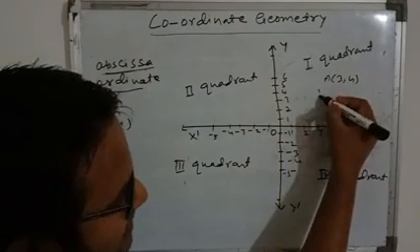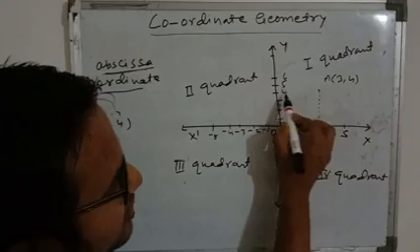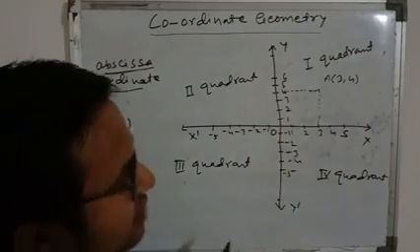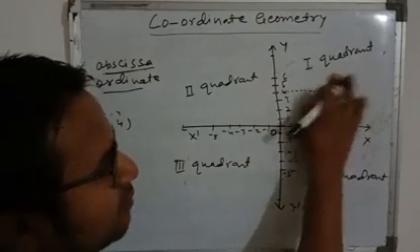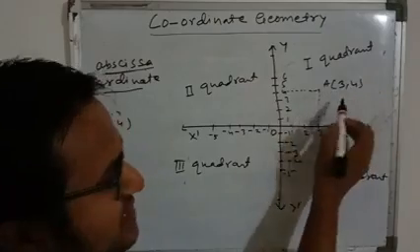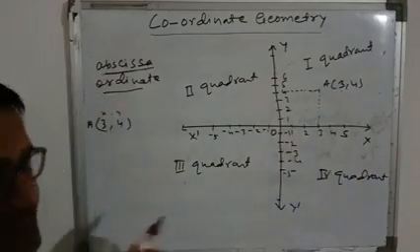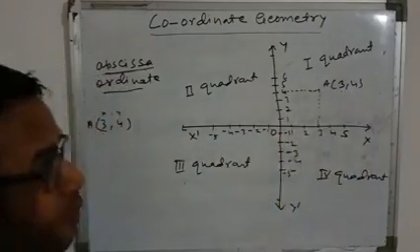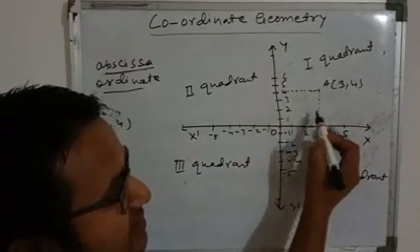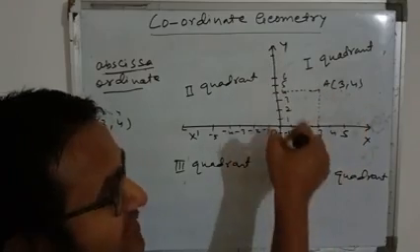You know this plotting, I think you did it from class 8. In class 9 also you did, no? So this is the point A, 3, 4. This 3 is called abscissa and 4 is called ordinate. Now what is abscissa? Abscissa means the distance of the point from the y-axis.